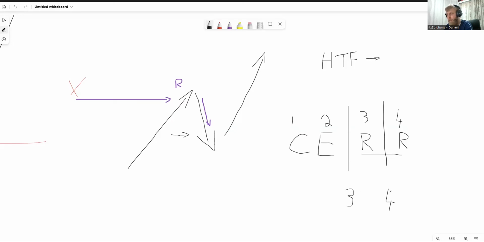So 3, 4, then 2, or 1, or 1 and then 2. We don't know what comes after 3 and 4, but those are the likely events that unfold after a retracement or reversal. It either goes back into expansion or it can go back into consolidation. And that happens very often.